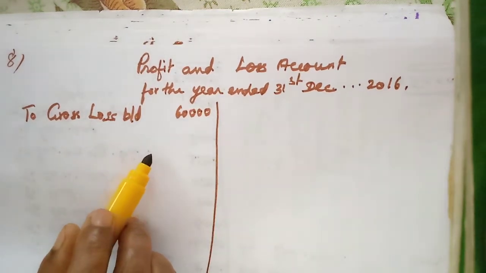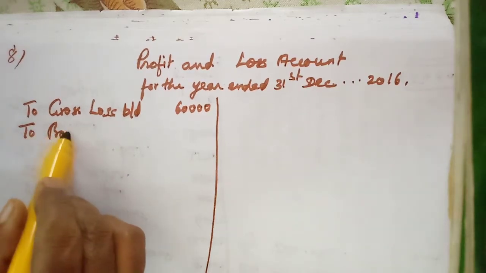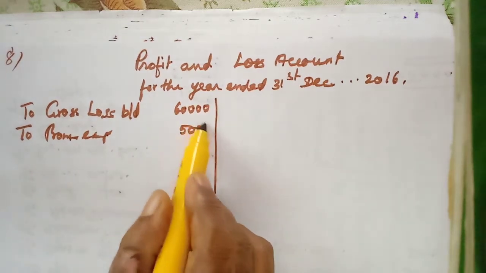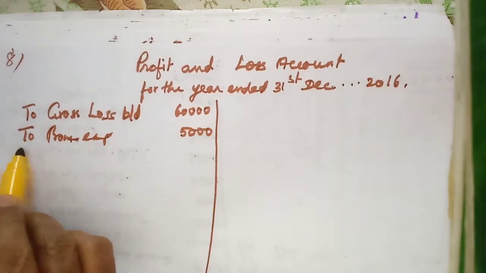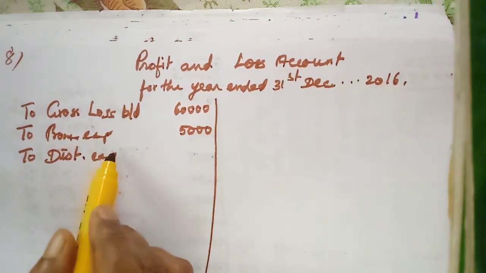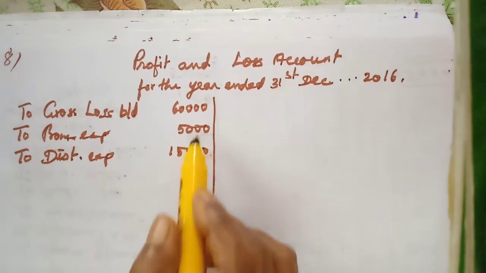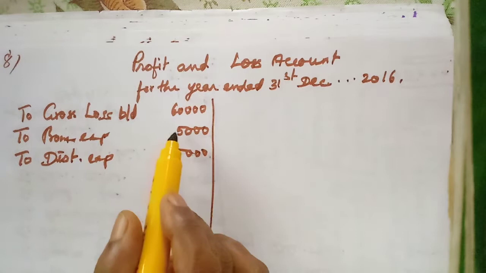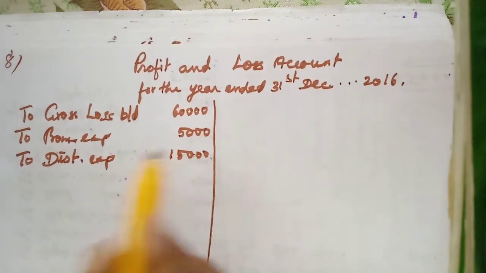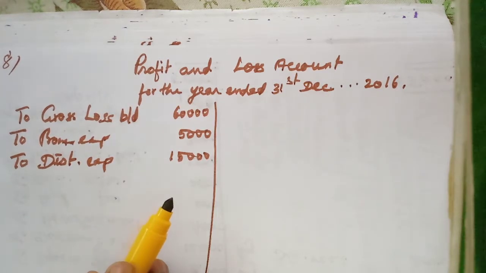Okay. The next item, promotional expenses 5,000. Distribution expenses 15,000. When you write the amount, you write digit wise. Okay, correctly you write. You see, it is very easy to add. Don't write all the amounts in the rough paper and add. Don't do that one. As I do, you have to try to do.